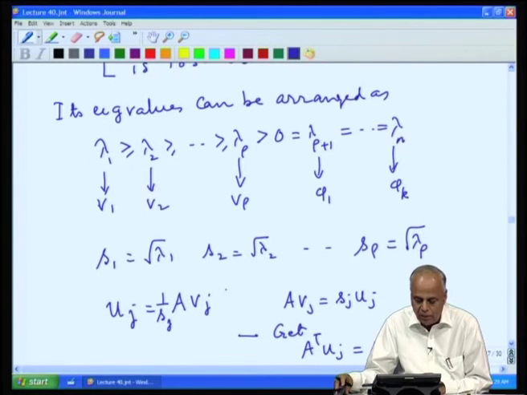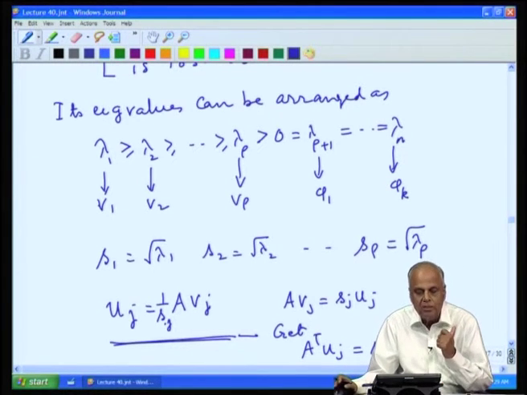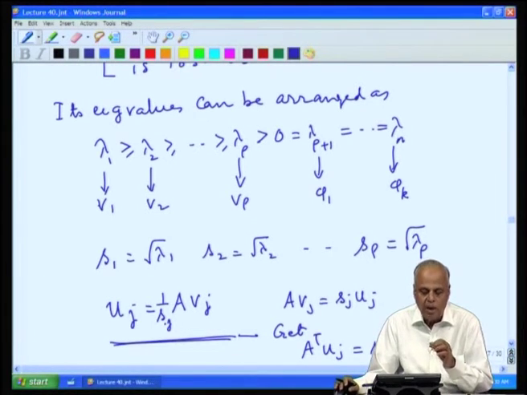But we have seen that we can even get U1, U2, ..., U rho the moment we get S1, S2, ..., S rho and V1, V2, ..., V rho, because the U's can be found from the S's and V's in the given matrix. So, the crux of the matter is finding lambda 1, lambda 2, ..., lambda rho and V1, V2, ..., V rho. Lambda 1, lambda 2, ..., lambda rho are the positive eigenvalues associated with the positive semi definite matrix L, and V1, V2, ..., V rho are the corresponding orthonormal eigenvectors.